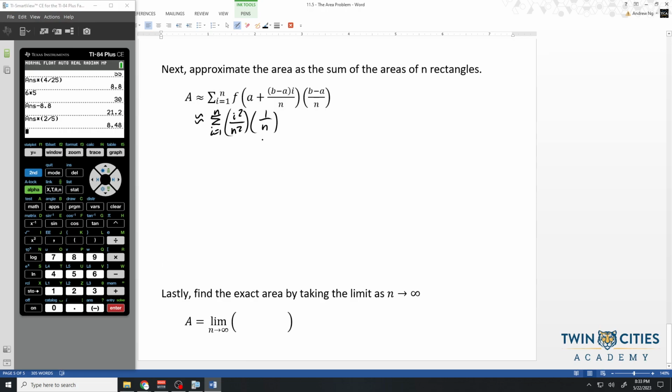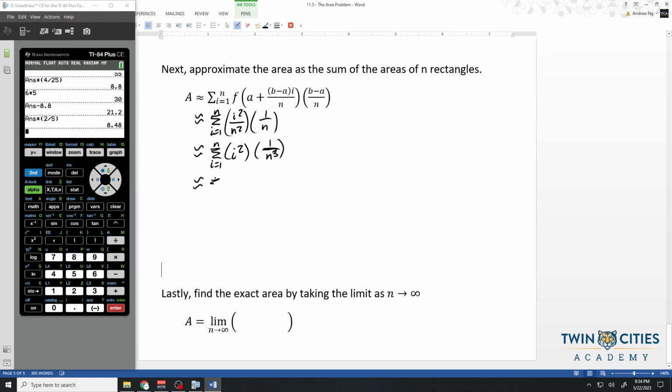This is the same as the summation of i equals 1 to n of i squared times 1 over n to the third power. I'm just going to bring this n squared over to this. That's because 1 over n to the third power is just a number. We might be letting n approach infinity, but we treat this as a number, and as this is a constant, I can just bring this to the front of my summation.